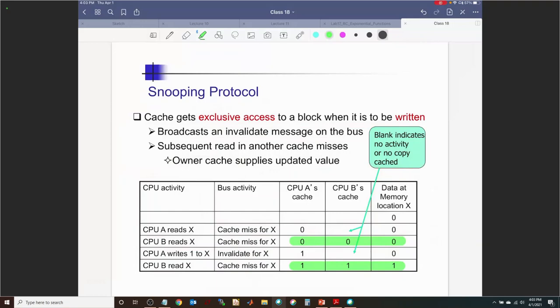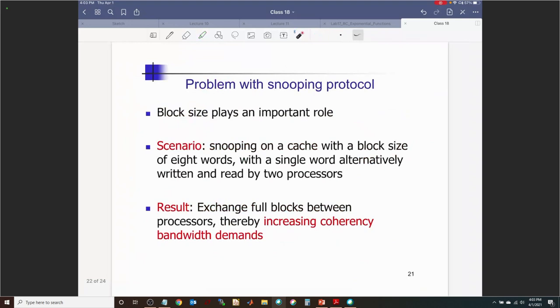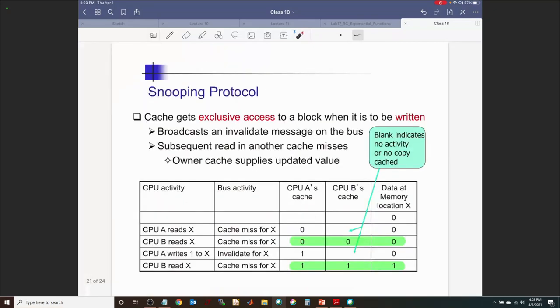Alright, so snooping protocol is this, but it has a problem. Like I said, the block size plays an important role. A block is a collection of words. If you are trying to write to memory location X, all the words in that particular block are going to be brought from memory to private cache, and they will need to be updated. So suppose you bring in the whole thing and you write to it, the entire block has become invalid.